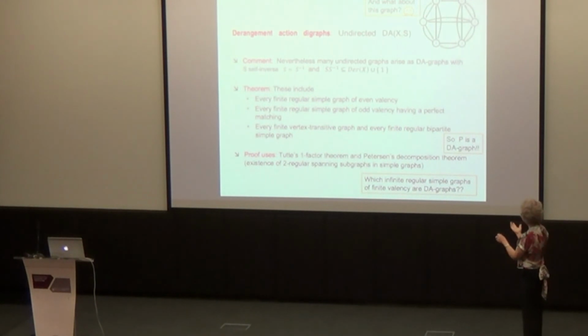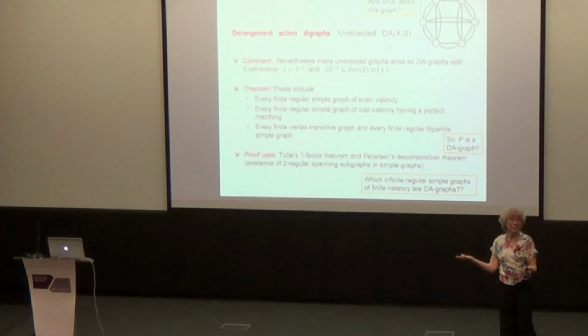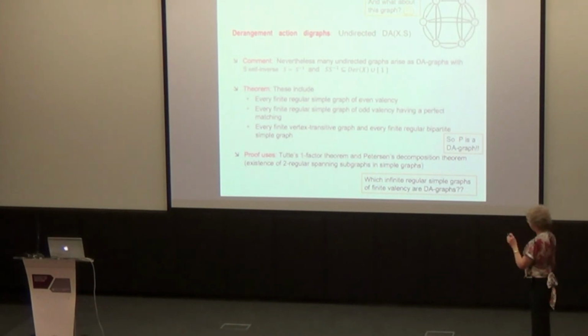So again, I would love it if someone who works with infinite structures knew a bit more about the existence of perfect matchings or two regular spanning subgraphs in infinite locally finite graphs, because maybe something like this could be extended to give us much more information about the infinite examples.